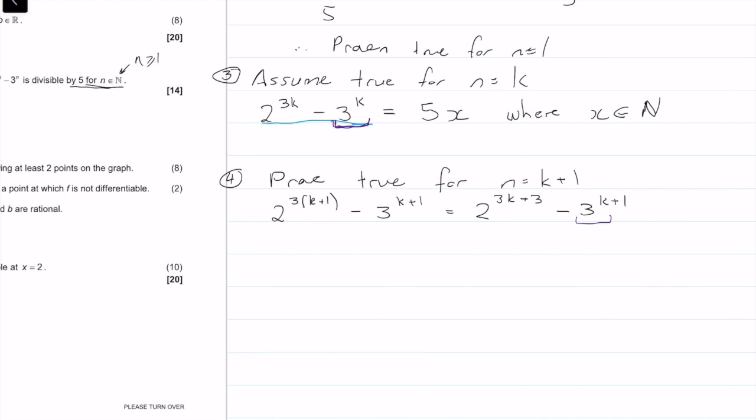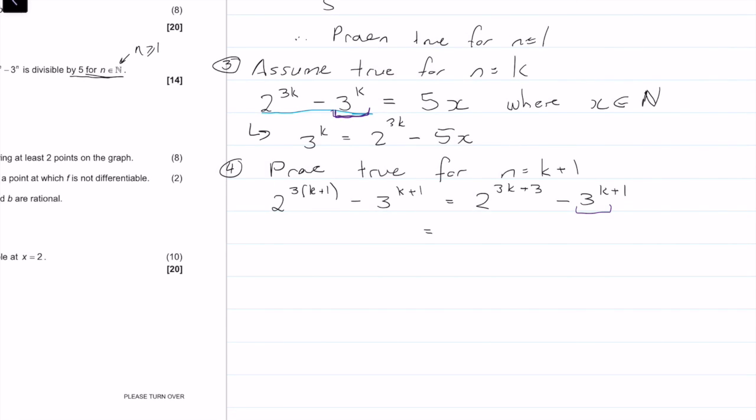So I'm going to make 3 to the power of k the subject of my formula for my assumed statement. So 3 to the power of k is equal to 2 to the power of 3k minus 5x.